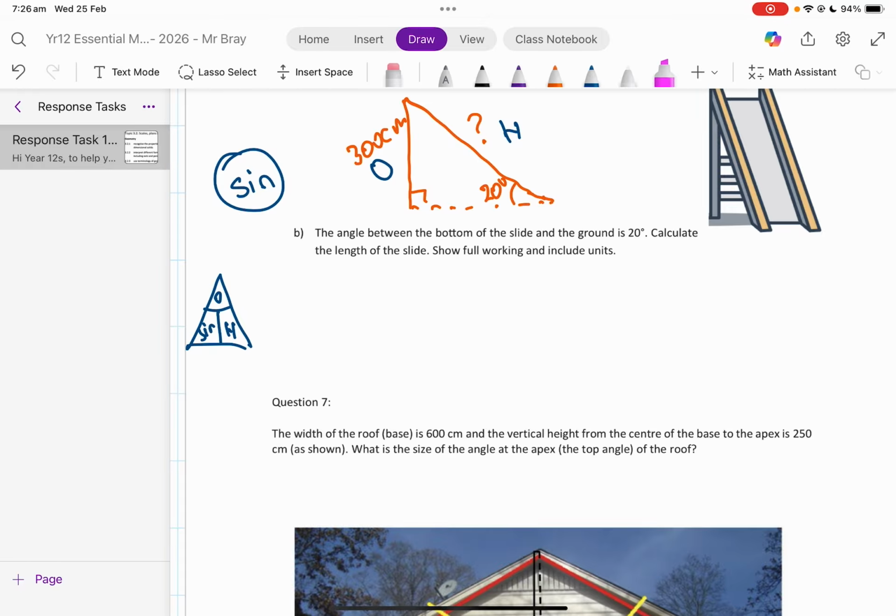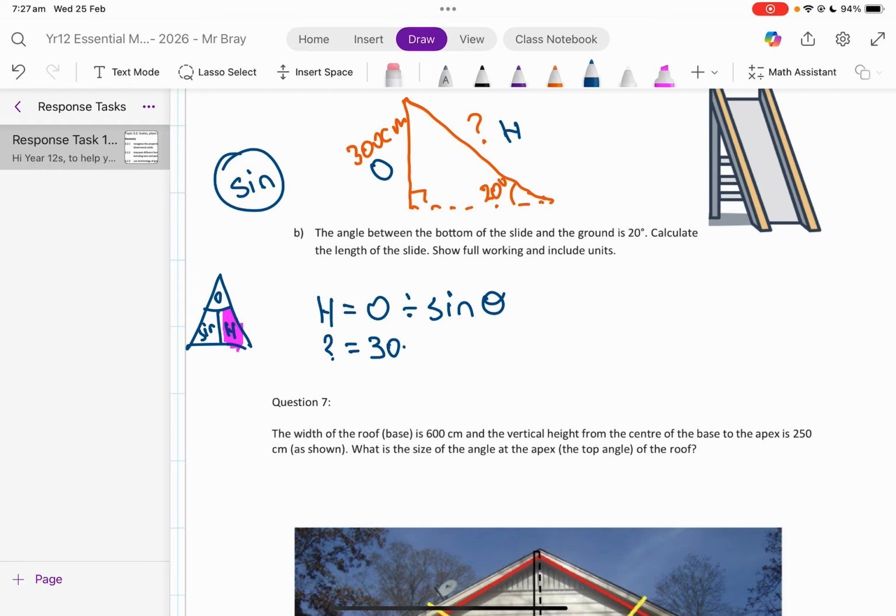Solving for the hypotenuse this time. So this is the one that I'm going to cover and start my equation with. So H equals, and because it's O on top, O is going to be divided by sine of theta. All right, making my substitutions. Hypotenuse is the unknown side.